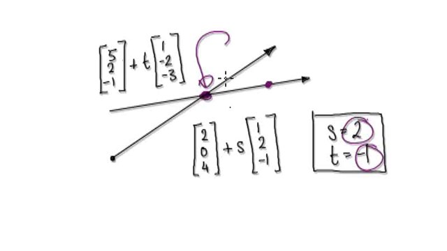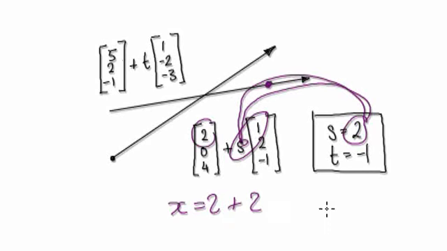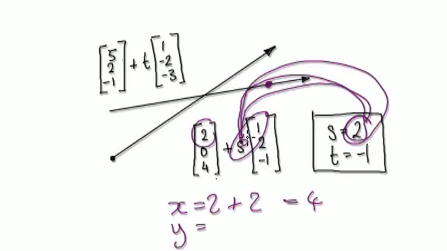So if you want to know the location, then put this into here. So the location in the X direction will be 2 plus, well, put this into here, so that will be 2. So the X location will be 4, and then the Y location will be, put the 2 into here, so it would be 0 plus 4, and then the Z location will be, put this into here.